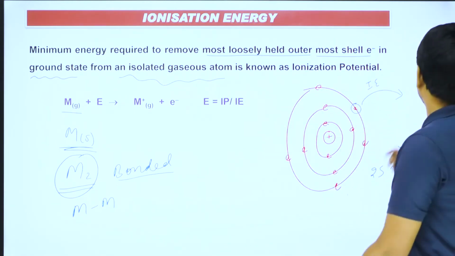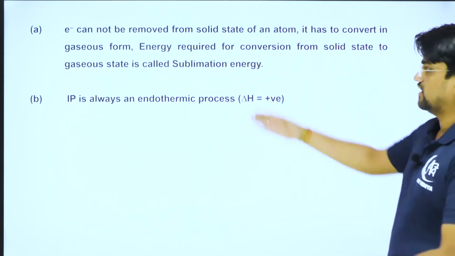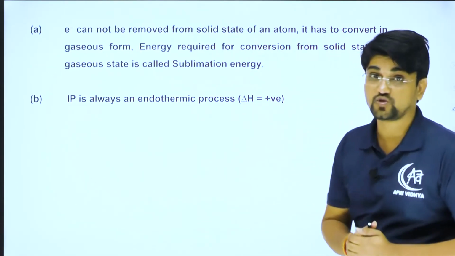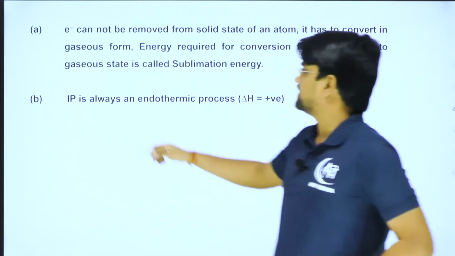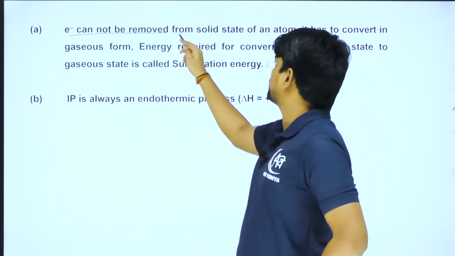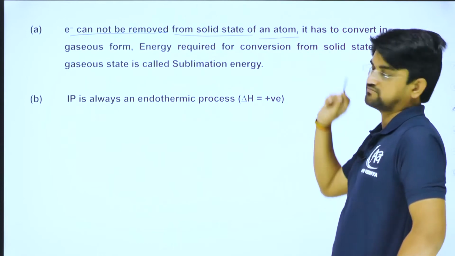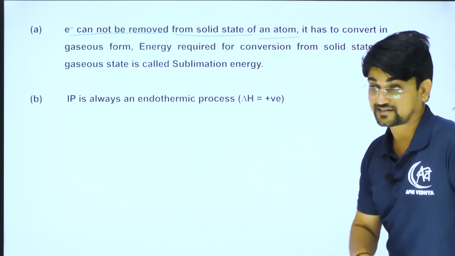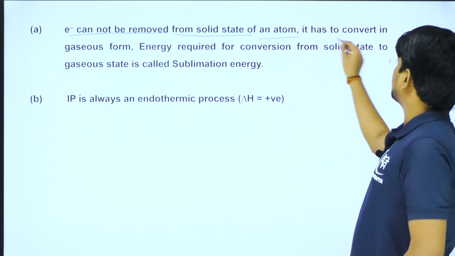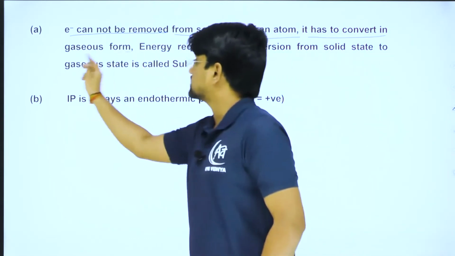Now move to the next slide. I have already explained this, but let's read again. An electron cannot be removed from the solid state of an atom. As I told you in the last slide, it has to be converted into gaseous form.